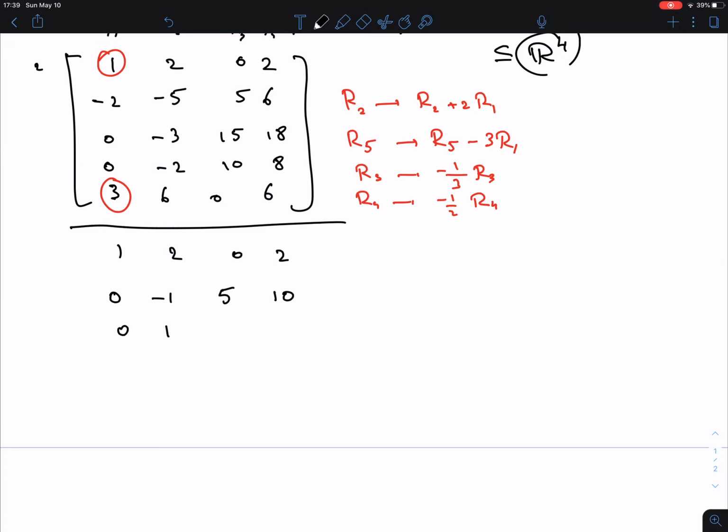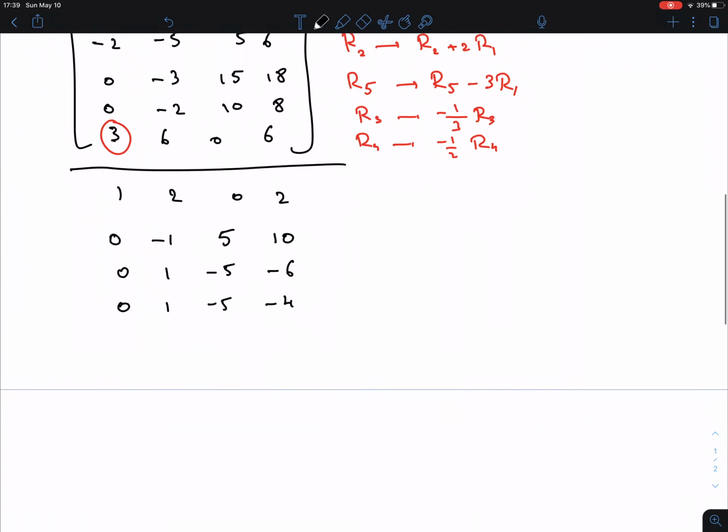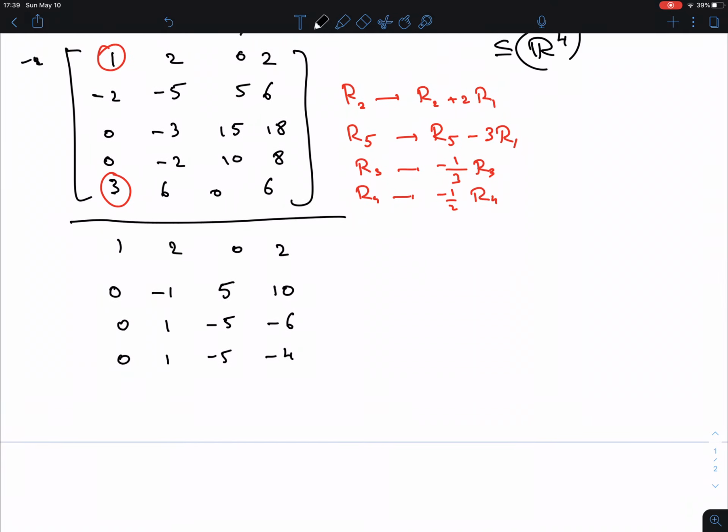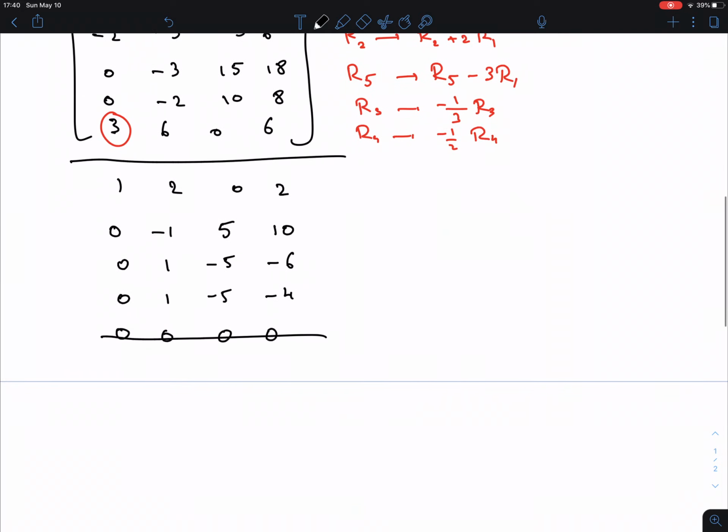So we get a 1 here, -5 and -6. Then I'm dividing by -2, I get a 1, I get a -5 and a -4. Okay, now we're doing this -3 times and add up there, so that's a 0. -6 plus 6, that's a 0, that's a 0, and then oh, that's a 0. So that we already get one 0 row. And once we have a 0 row, we can kind of ignore that row.